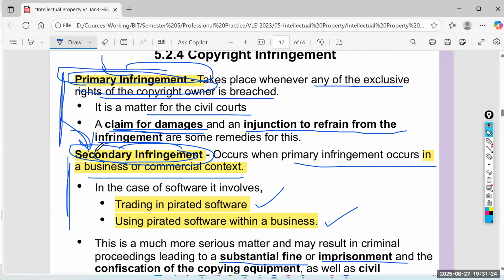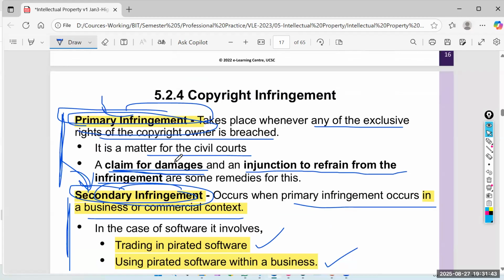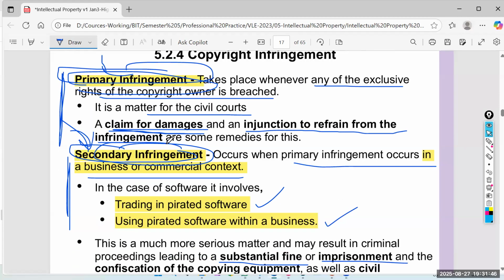It depends on the context and severity. For example, if you have sold thousands of copies, it can be a real criminal offense. But if you have sold only a small amount, that may not be a big issue. So, primary infringement, secondary infringement.